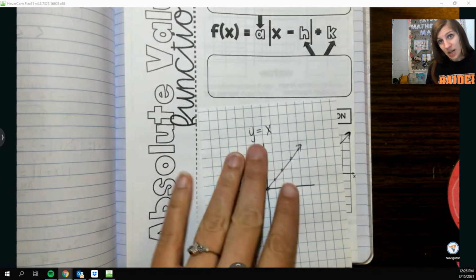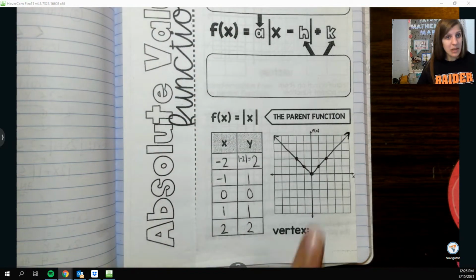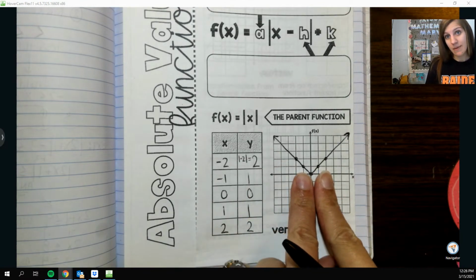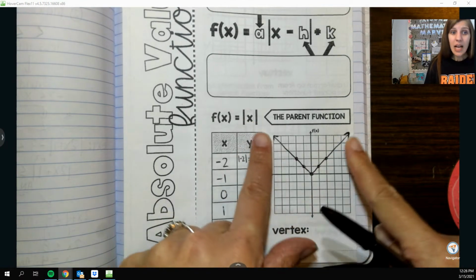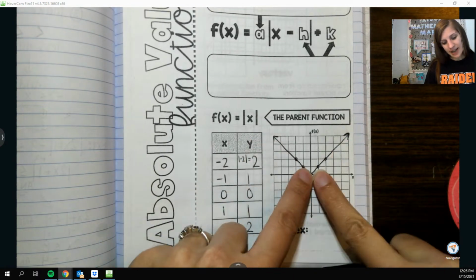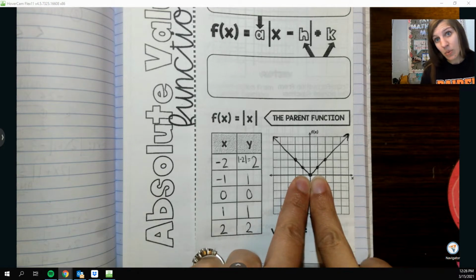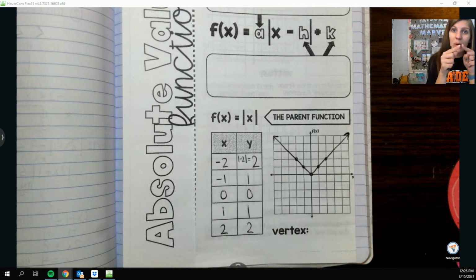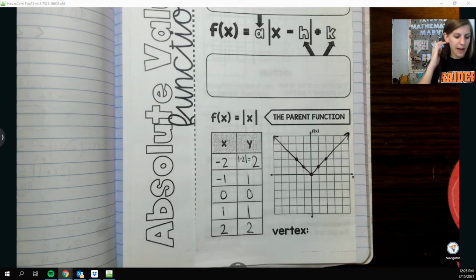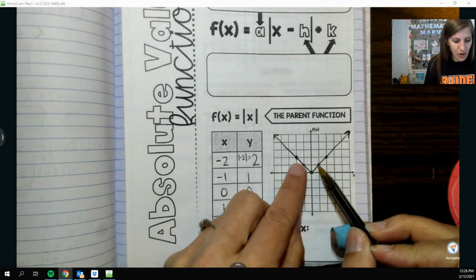And so the same thing is true for an absolute value graph, except it will always have the shape of a V. Okay, so because it has the shape of a V, this point where these two lines meet is a really important point to find because once I know where that is, I can do the V shape up from it in either direction, which in this case is going up 1 over 1 every time.